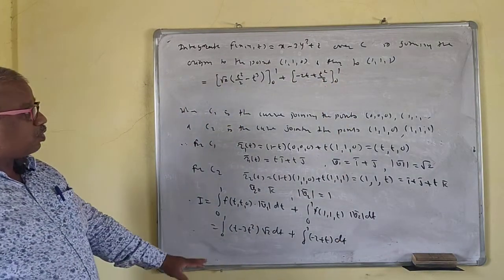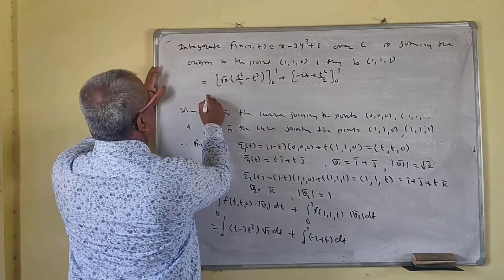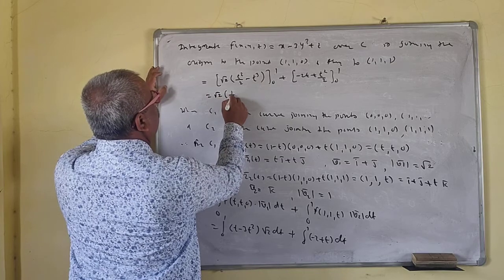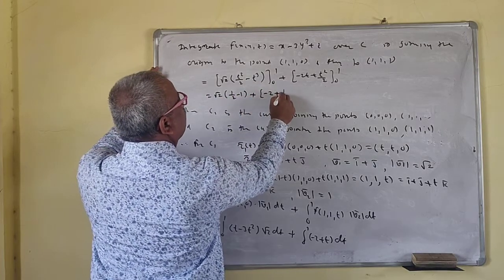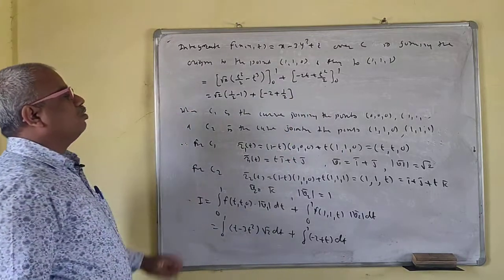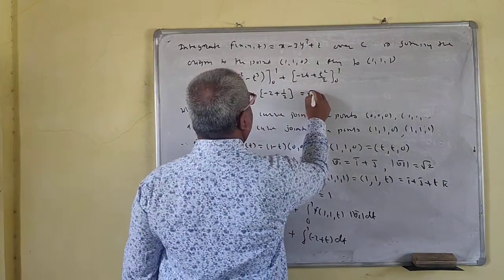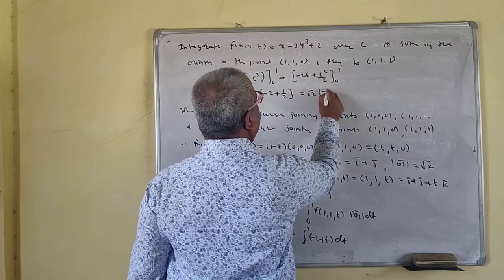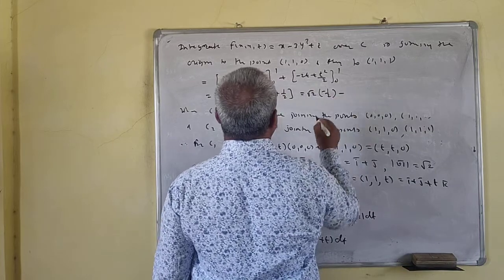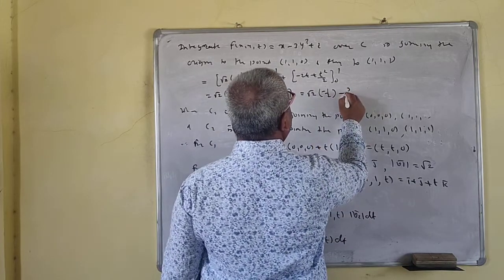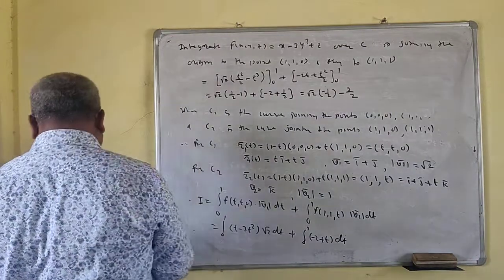If you put t equal to 0, everything is 0, so you only put the upper limit. So this is root 2 into 1 half minus 1, plus minus 2 plus 1 half. This is root 2 minus half, and minus 4, so this is minus 3 by 2. This is your final answer.